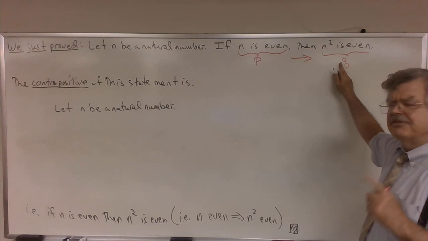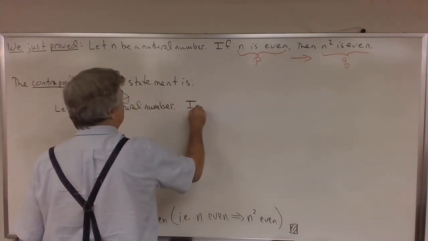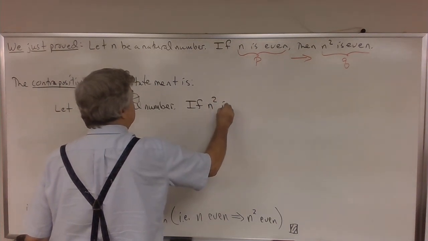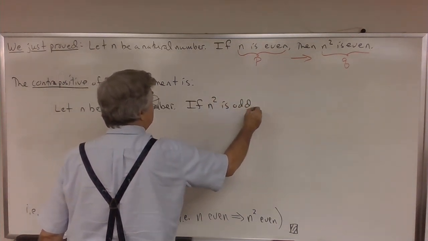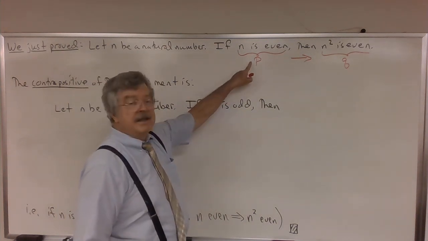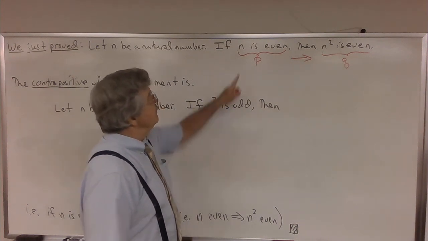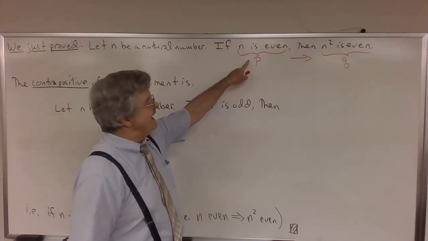So that's the negation: n squared is odd. And then we negate this thing. If n isn't even, then it's got to be odd. The negation of this statement is that n is odd.